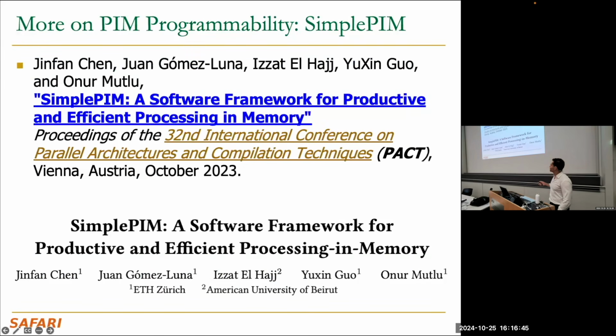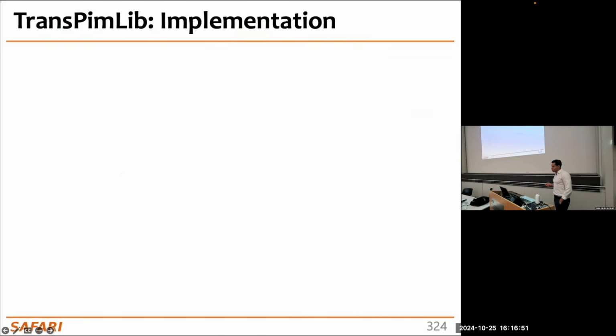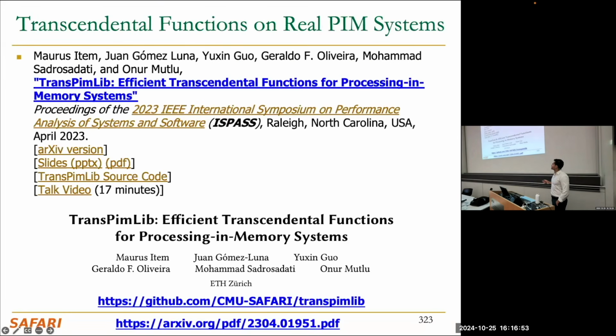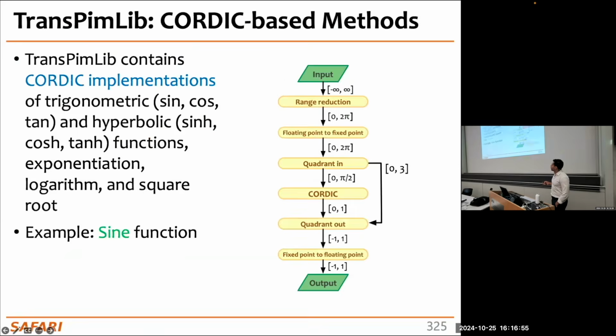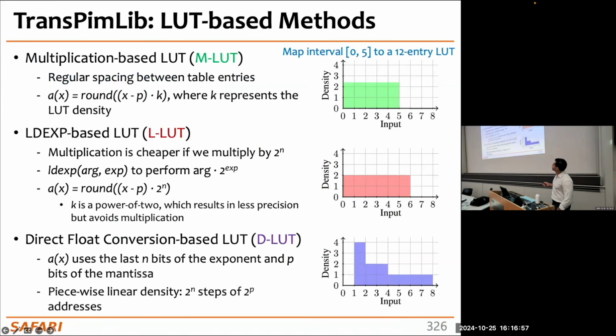Onur also mentioned the SimplePIM architecture, which is an early implementation of a similar framework. We also implemented TransPimLib, which is a library of transcendental functions for the UPMEM system, because the UPMEM hardware does not provide hardware support for those transcendental functions.